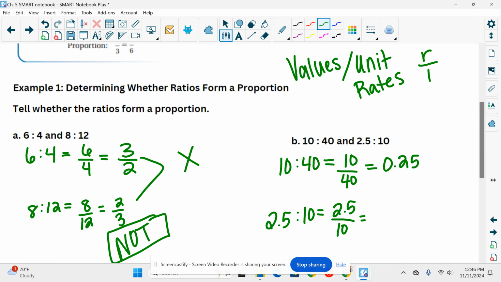And the value of 2.5 divided by 10 is also 0.25 or 1/4. Are these two values the same? Are they equivalent? Yes. Because they're equivalent, then yes, it forms a proportion.